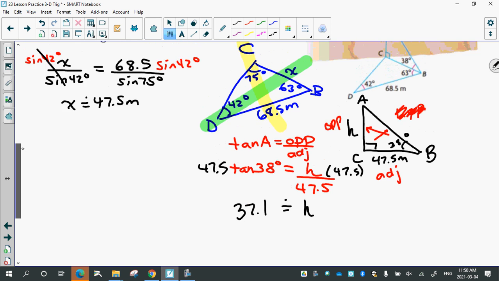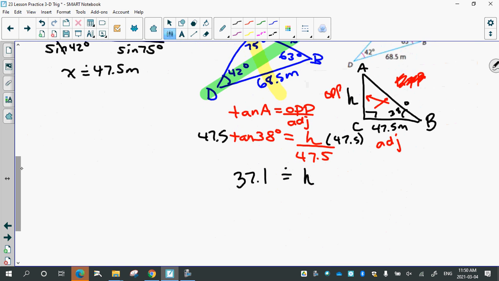How high is the cliff? So therefore the cliff is 37.1 meters high. Everybody good with that one? Excellent.